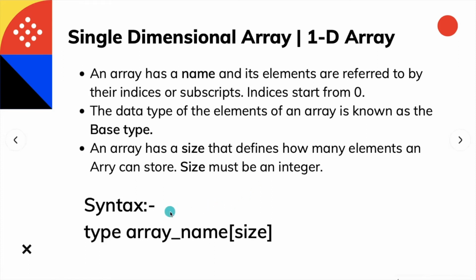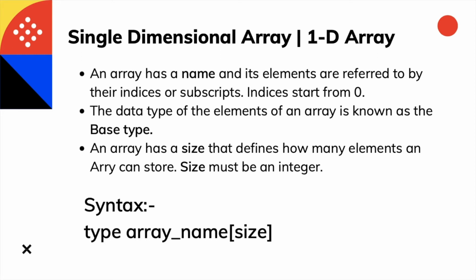The syntax says we write a valid C type, then name the array, and in the square brackets specify the size: how many integers or floating points we want stored in that array.